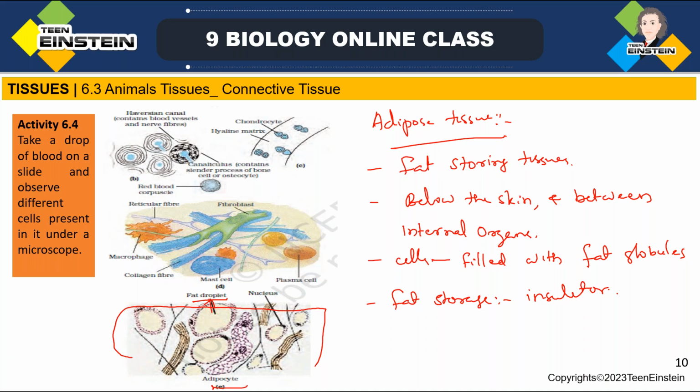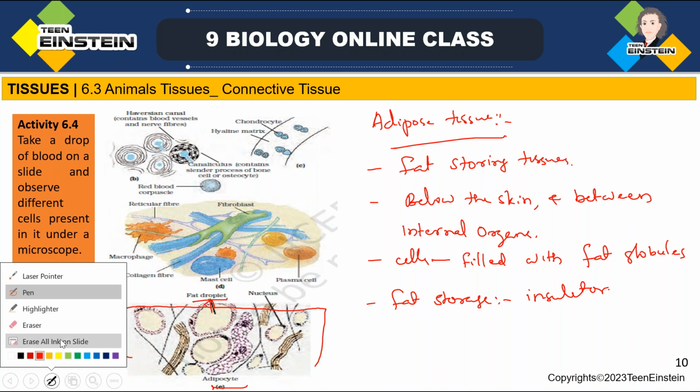So the different types of connective tissues in our body include areolar tissue, adipose tissue, bone, tendon, ligament, cartilage, and blood. Which are the types of connective tissues present in our body?